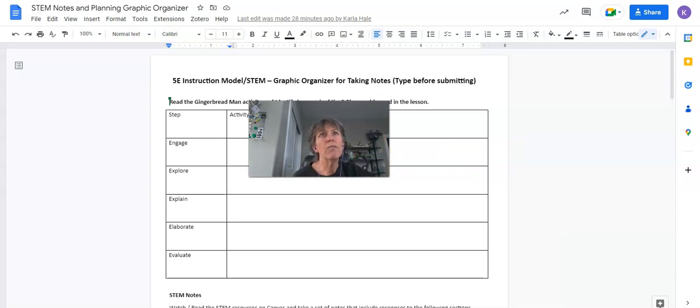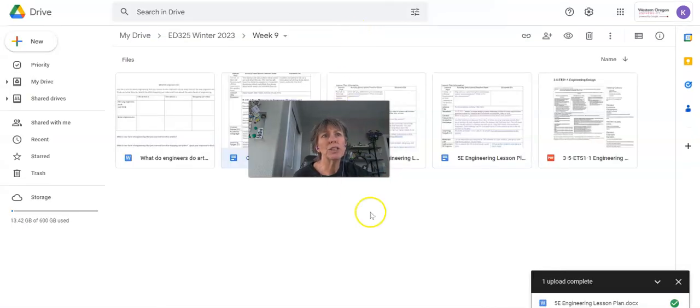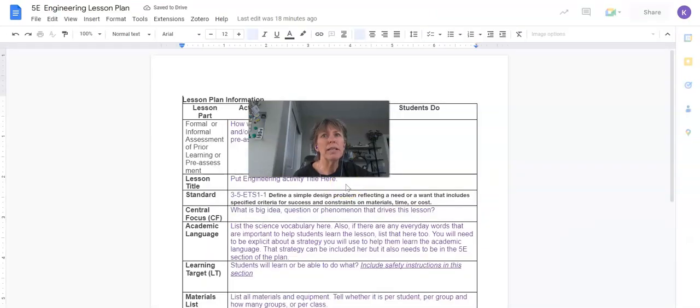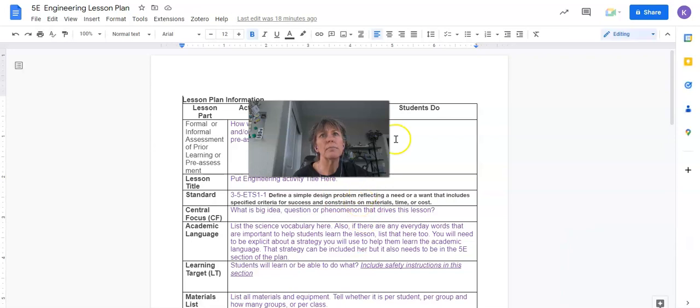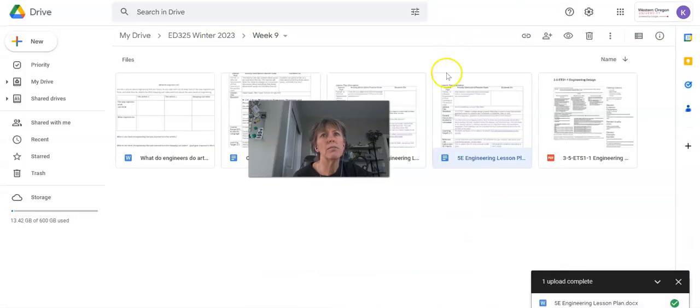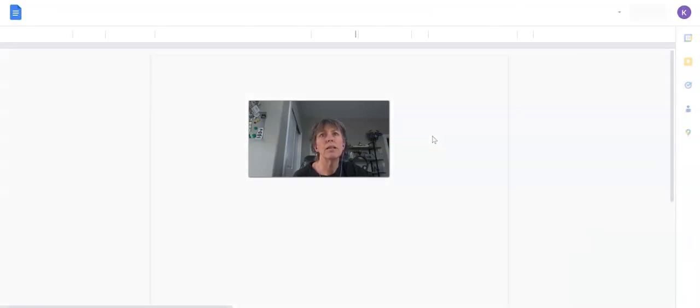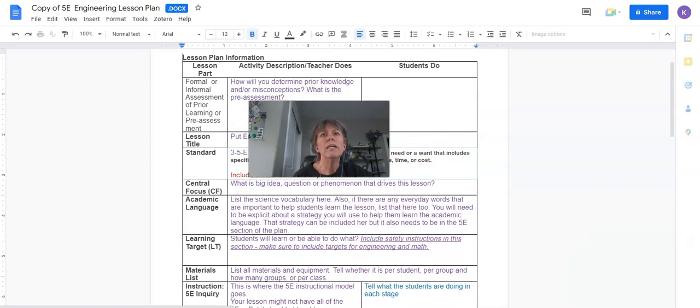So it might be helpful to see what we are actually planning, and so I have included the lesson plan template for you to take a look at. This is actually not the right one, so I'm going to take that one out. I think this is the one I modified. We'll see if I have the updated one in here. Okay. So this shows you need to include a math standard here.